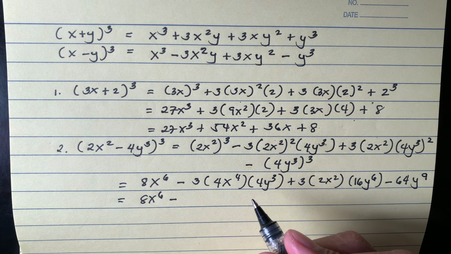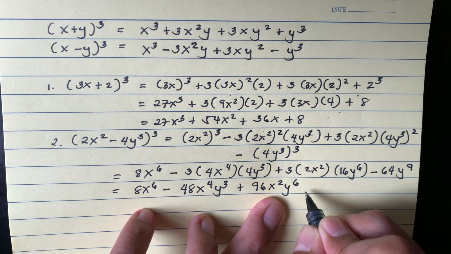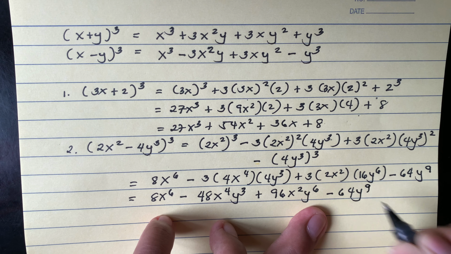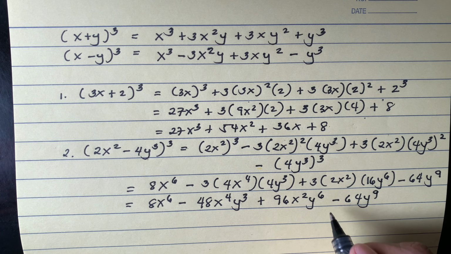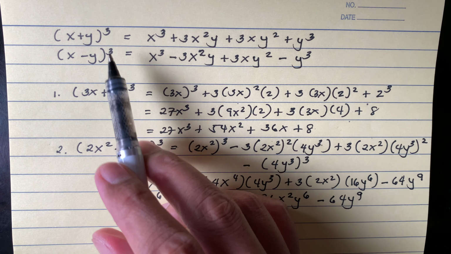We have 3 times 2, it is 6. 6 times 16, that would be equal to 96. So we have 96. Then x squared times y to the power of 6, it is x squared y raised to the power of 6. Then you copy this, minus 64 y raised to the power of 9. So that's it. This is now the simplification of the cube of two binomials. Thank you.